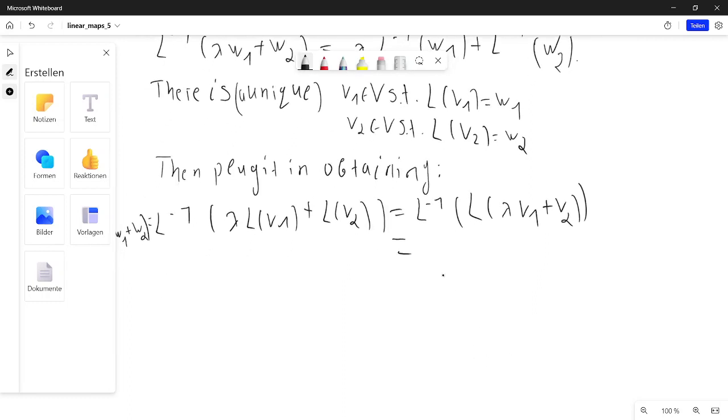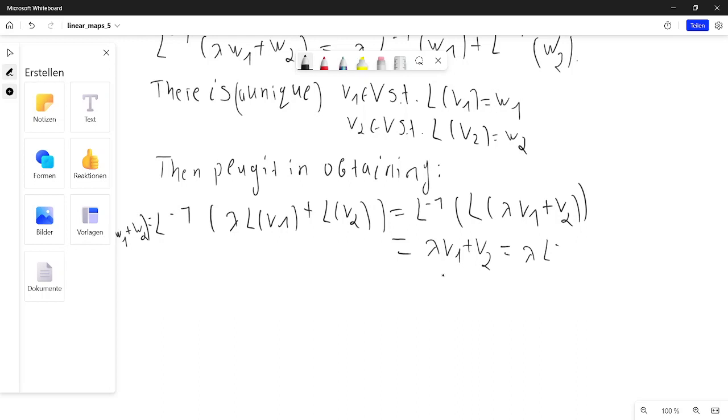So in particular, if we apply that to that element, we go to the other side and then have to go back to lambda V1 plus V2, which is just lambda L.